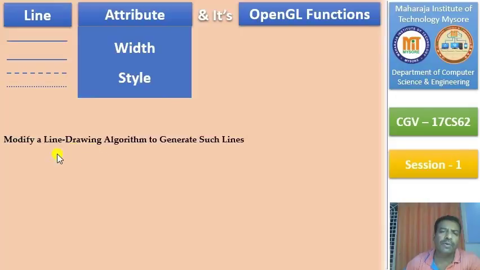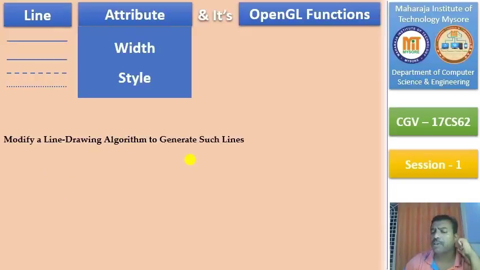To produce this, we are going to modify a line drawing algorithm to generate such lines, either to increase the width or to have any type of line style. We are going to generate such lines by modifying the existing line drawing algorithm.